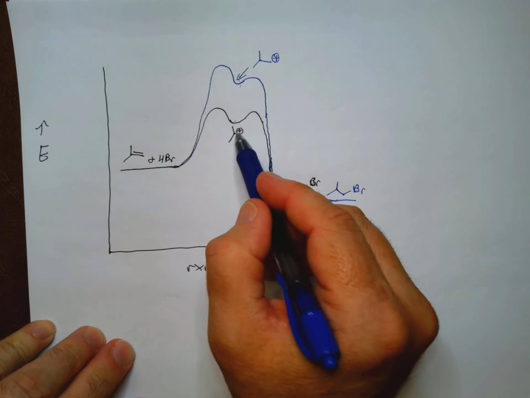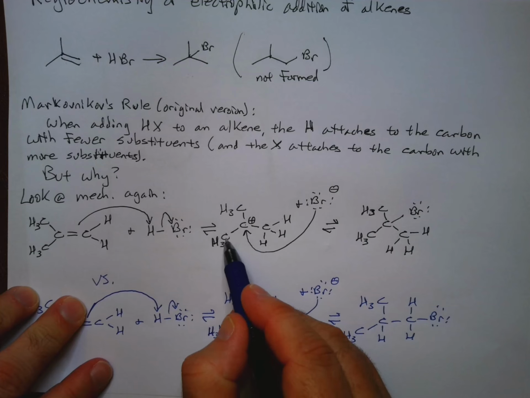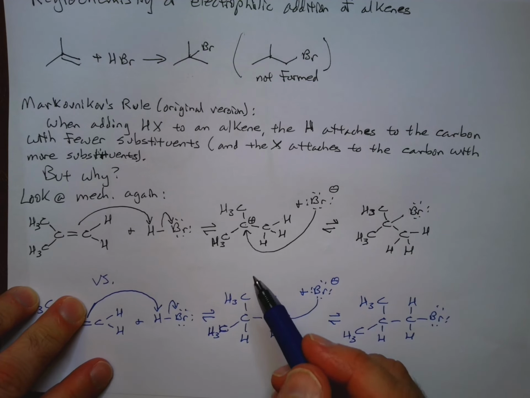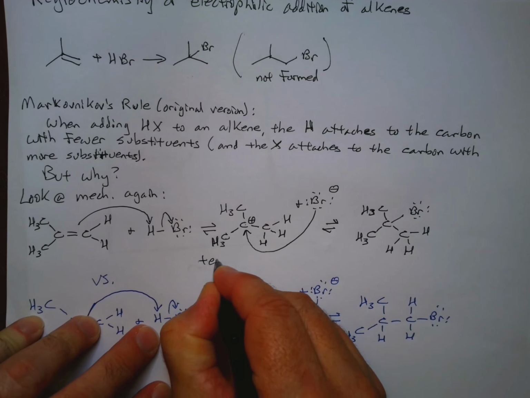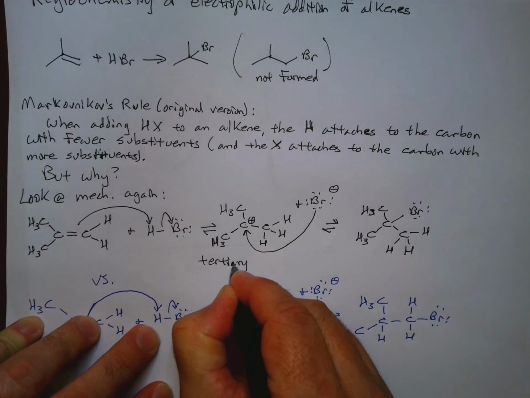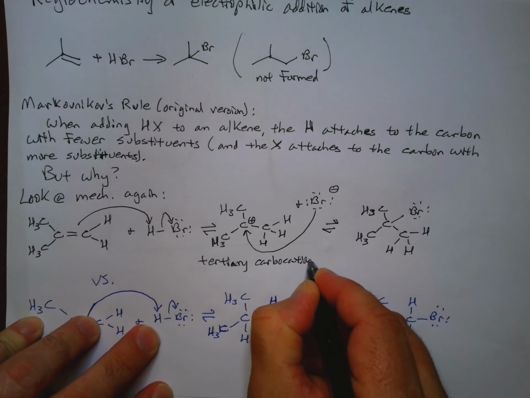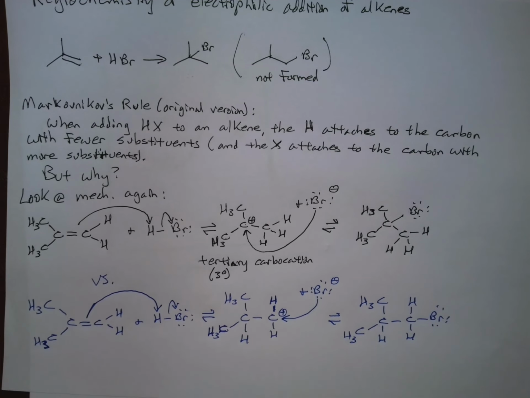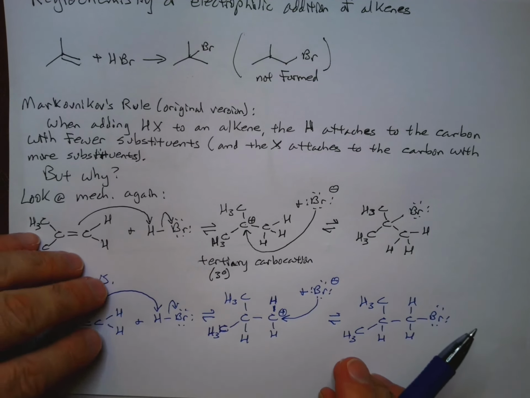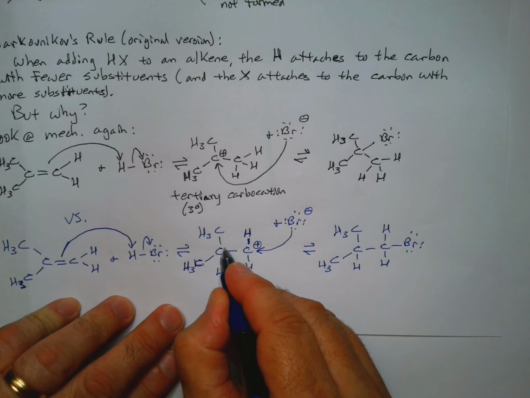This carbocation, where we have a carbon attached to three other carbons, we call a tertiary carbocation, sometimes abbreviated 3 with a little degree sign. This carbocation, we have a carbon attached to just one other carbon.